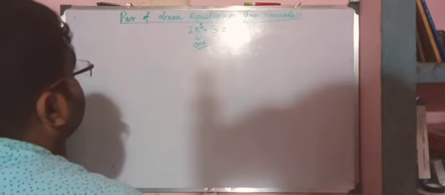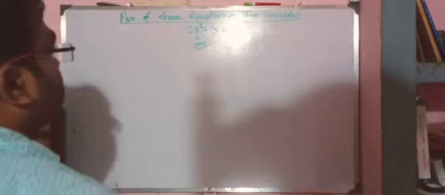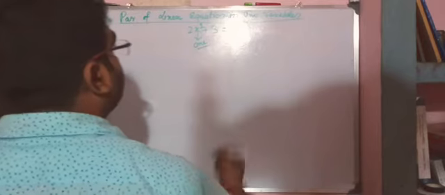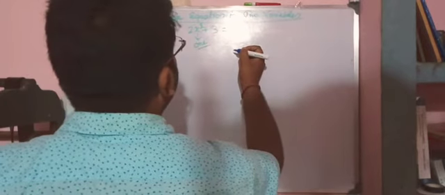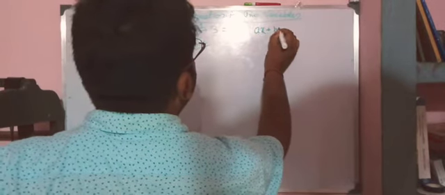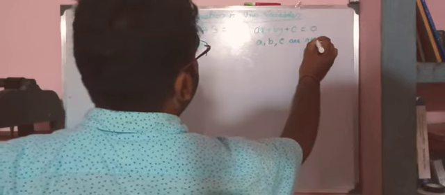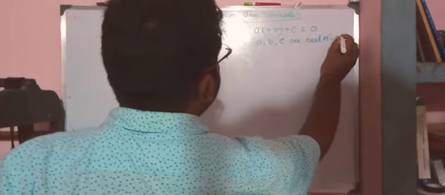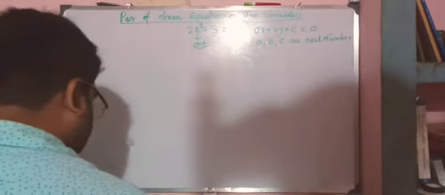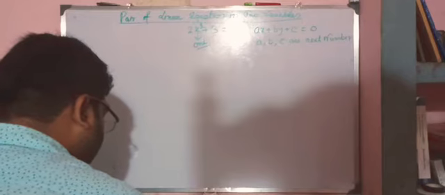Now linear equation in two variable, that means an equation containing two unknown or two variable of highest degree 1. That is, if we take one general form ax plus by plus c equals to 0, where a, b, c are real numbers, and they are called the coefficients.